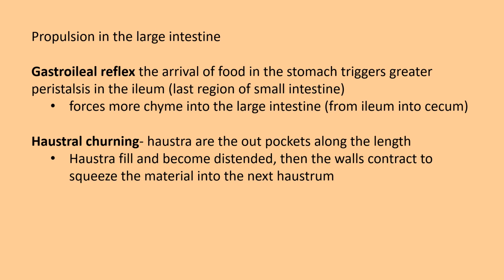And gastro means stomach and ileal means ileum. So this gastroileal reflex is triggered by the arrival of food in the stomach. So distension of the stomach wall and a change in the pH of the stomach are the two stimuli that can then lead to the movement of material from the ileum into the cecum.